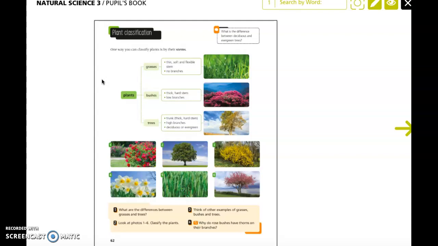Bushes are thick, hard stems, and they have very low branches. Trees have a trunk, which is a thick and hard stem, high branches, and can either be deciduous or evergreen trees. Okay?